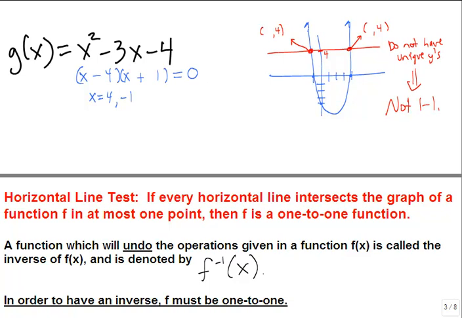So this kind of leads us into our next topic, which is a graphical way of deciding whether or not you are one-to-one. Remember, we have this vertical line test, which we use to determine whether or not we have a function. Well, now we have the horizontal line test. So if you imagine drawing horizontal lines through your graph, if those horizontal lines intersect in more than one point, then that's going to be proof that you do not have a one-to-one function.